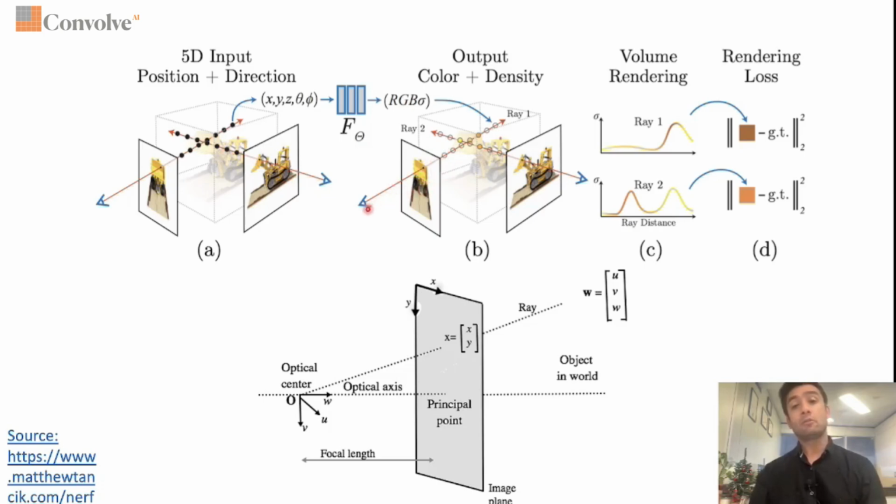Now for each ray, the idea is to sample points, pass them through this neural network to get RGB for each point, and then do volume rendering, which is like an integration, to integrate the input of each of these points to get the final value of that pixel. So that is in a nutshell what NeRF is doing.